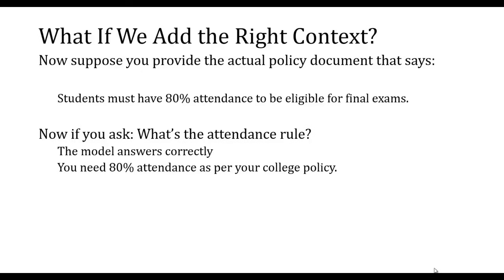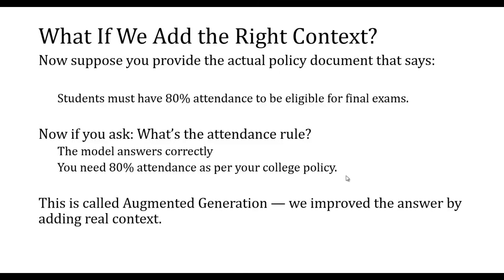So now again, if you ask what's the attendance rule, the model answers correctly. You need 80% attendance as per your college policy. This is called augmented generation. We improved the answer by adding real context.